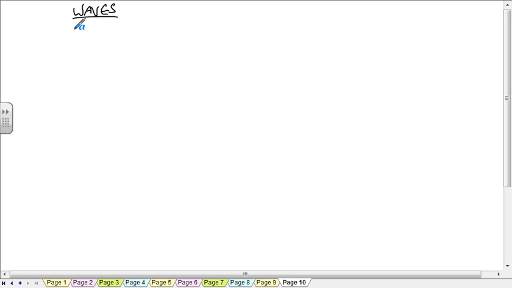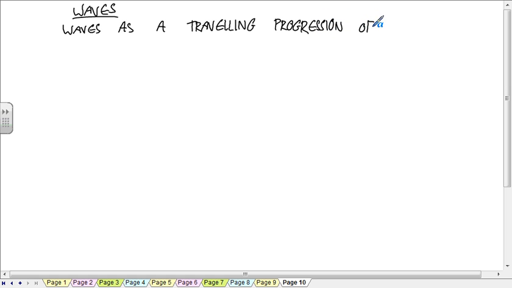You can think of waves as a traveling progression of oscillations.